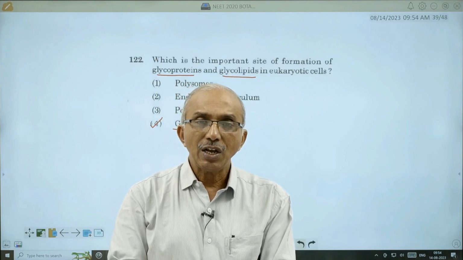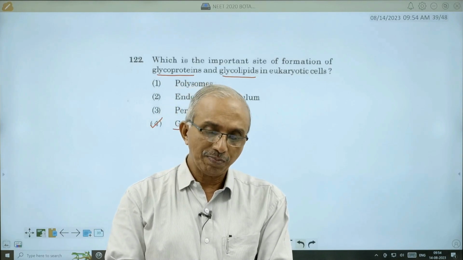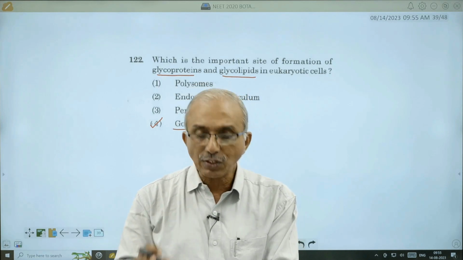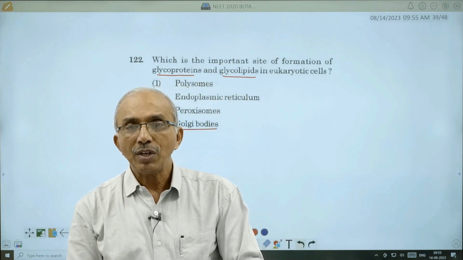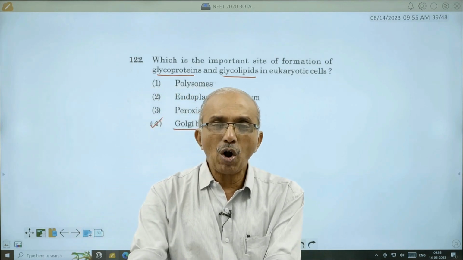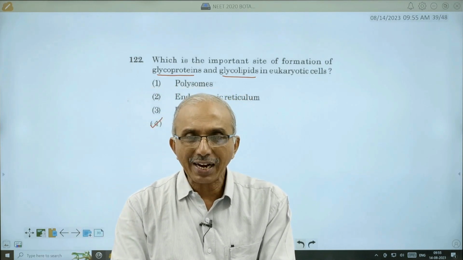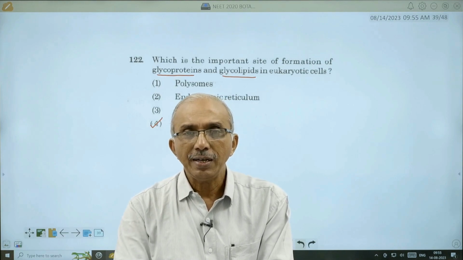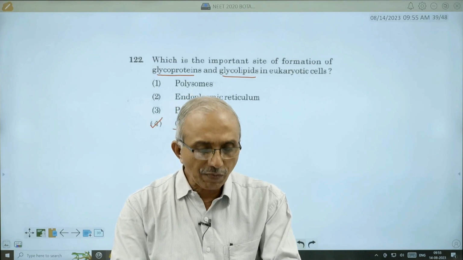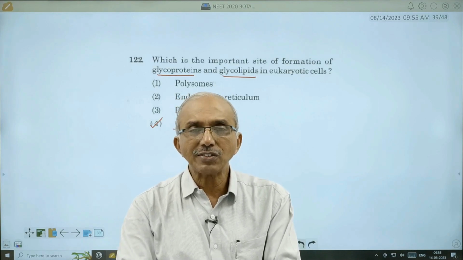It is concave in appearance. These are the two phases of Golgi body. The cis phase accepts the molecules to be packed or chemically modified. Then after chemical modification, they are released from the trans phase.